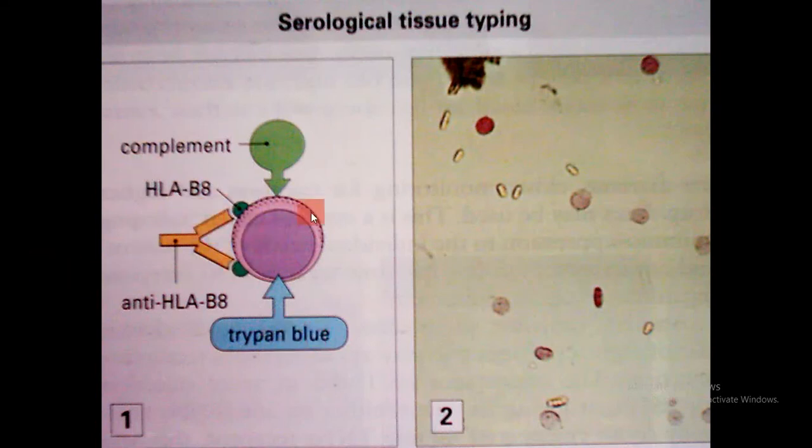When there is rupture of the cell wall, this stain will enter the cell and it will have blue color, while a live one does not have any color because it is live and there is no destruction of the cell wall. When there is destruction, this means that the patient has B8.